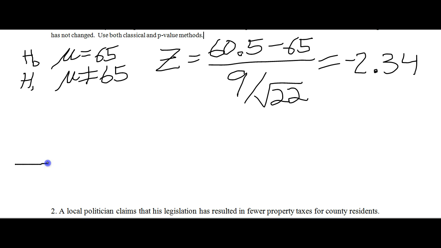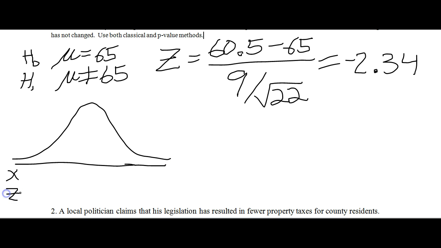If we take a normal distribution, and the hypothesized mean of that distribution is 65, which would result in a z-score of 0, because 0 is the mean.